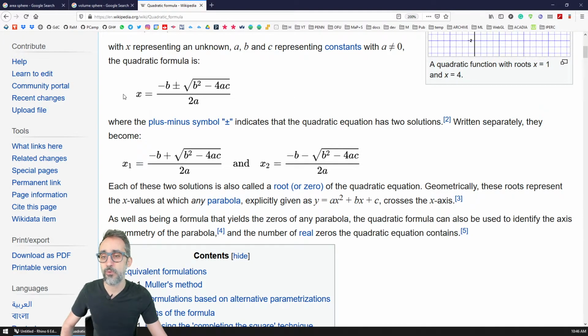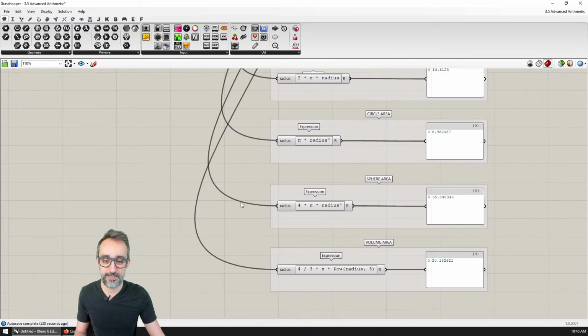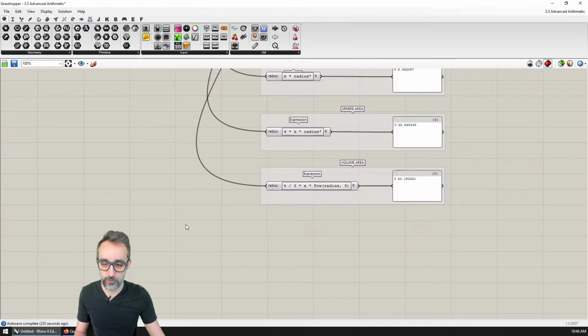So that's why we can try to implement this by calculating the value of x. So for example, let's say that I were to input here a slider.